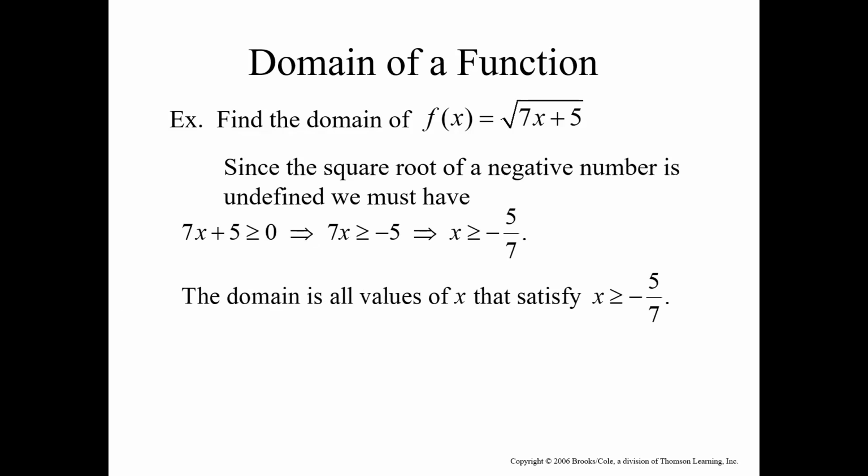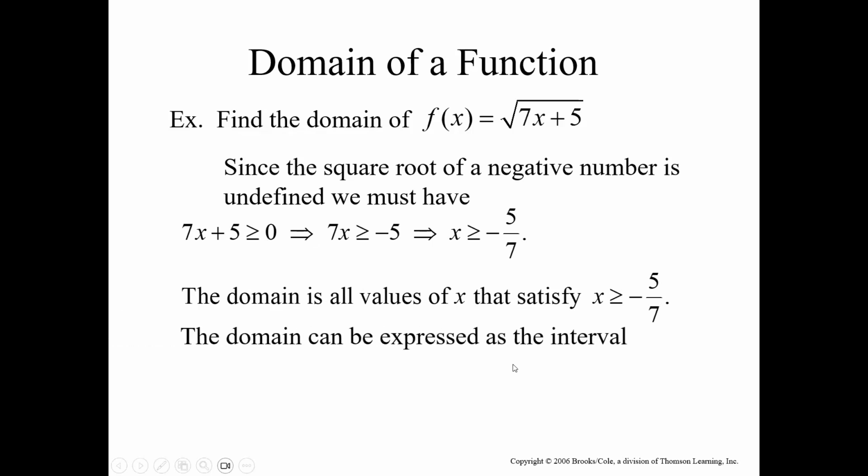So 7x plus 5 should always be greater than 0. It means that 7x should be greater than -5, so x should be greater than -5/7. So the domain of this function should satisfy all x that are greater than -5/7.